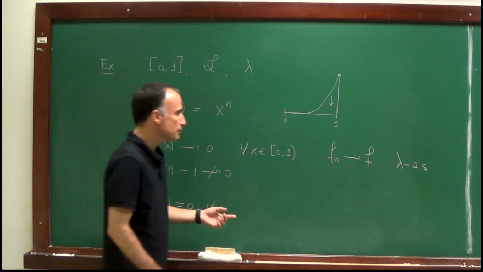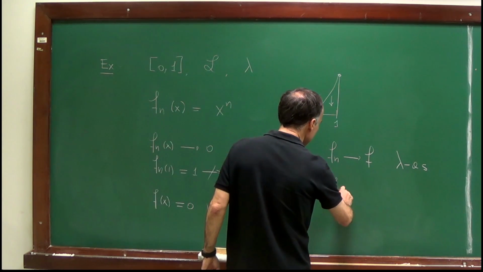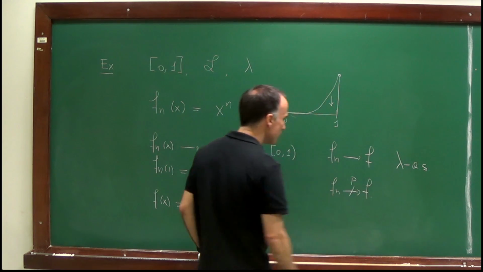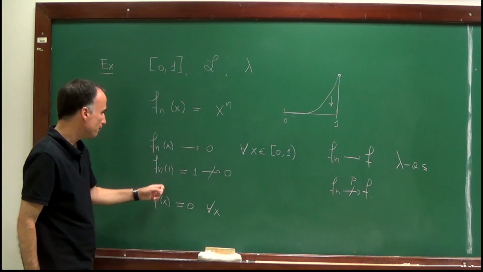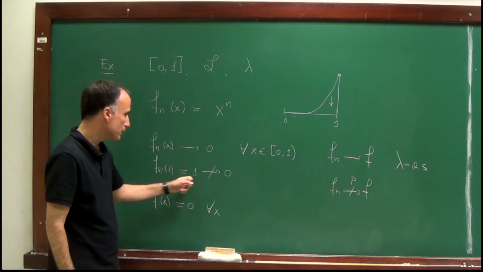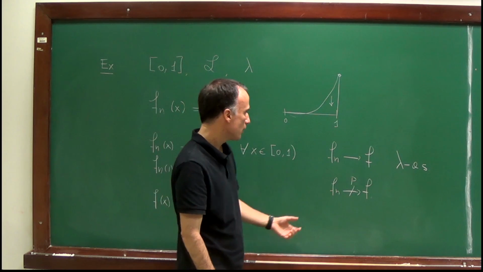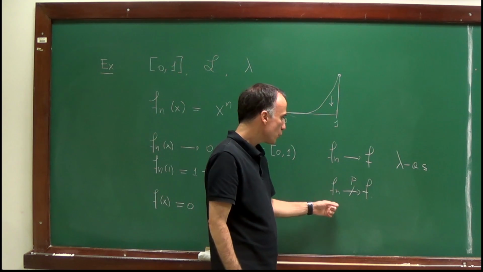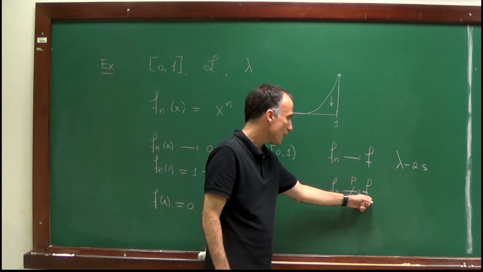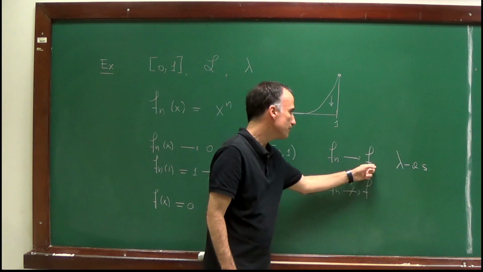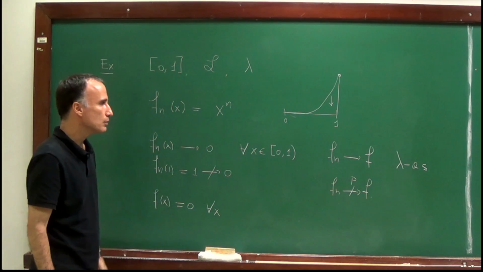But it's not true that f_n converges pointwise to the function f, because at 1 the sequence f_n of 1 does not converge to 0. So you have here a very simple example of a sequence of functions which do not converge pointwise, but which converge almost surely with respect to the Lebesgue measure.